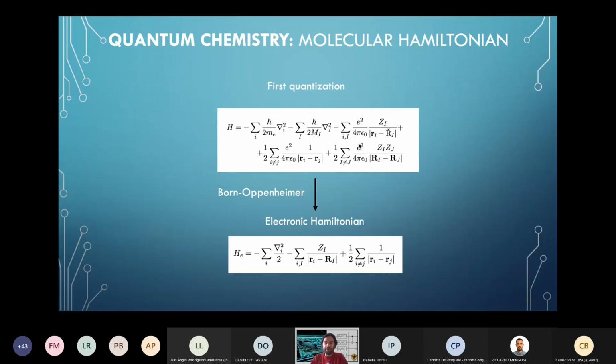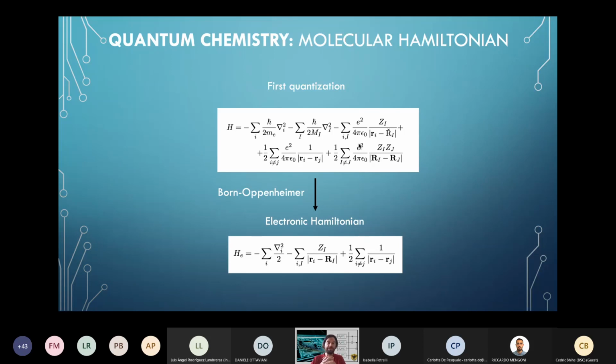This is very important to understand how electrons behave, because all molecular properties can be derived if you exactly know the state of your molecule.